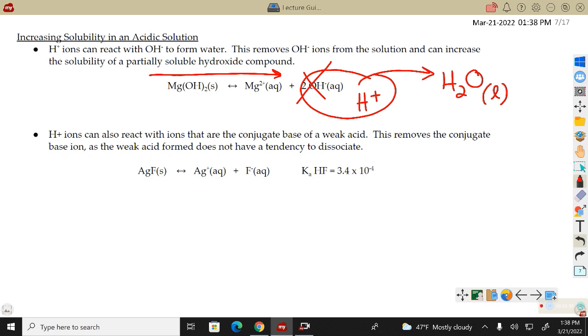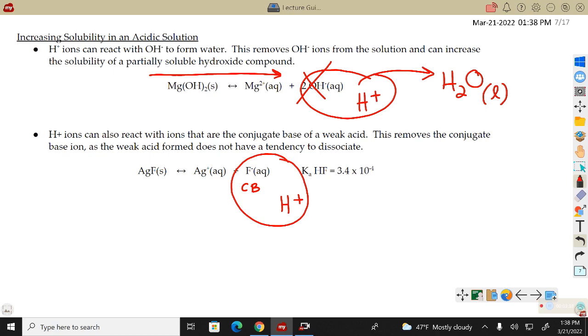Well, the conjugate base of hydrofluoric acid would be this fluoride ion. So a similar situation happens where if I dissolve silver fluoride in a solution that's acidic, there would be hydrogen ions present. Well, obviously the hydrogen can't react with the silver or the magnesium. It's two positives, but a positive could react with a negative.